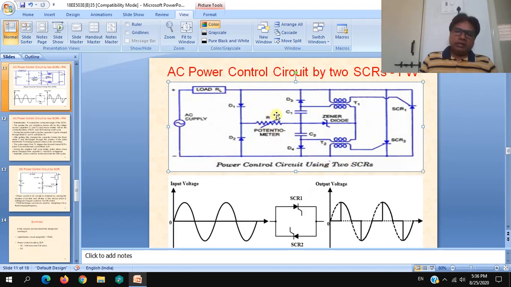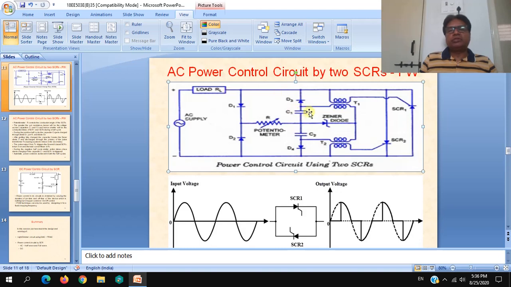And depending on the same potentiometer value, the same potentiometer drives both C2 and C1. During the negative half cycle, the current flows via D2, potentiometer, C1 and D3 back to the load.